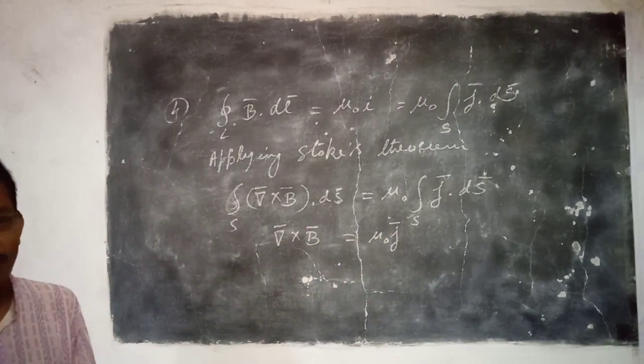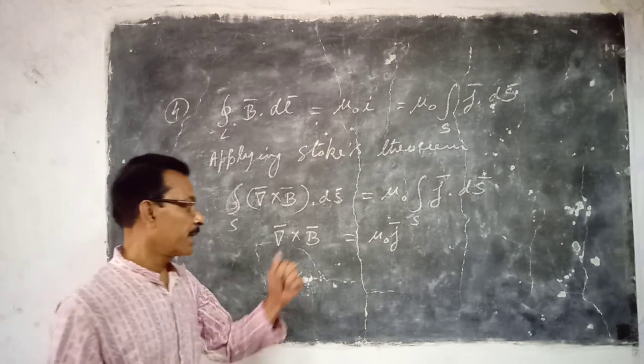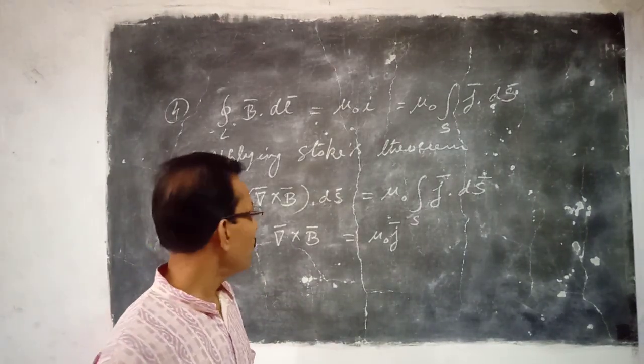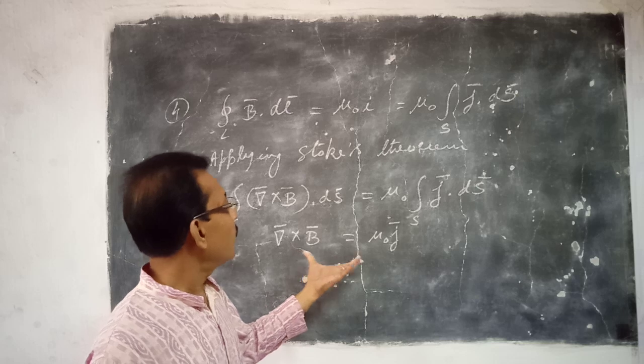Now this is the form of Ampere's law, but this is faulty. Why is it faulty?